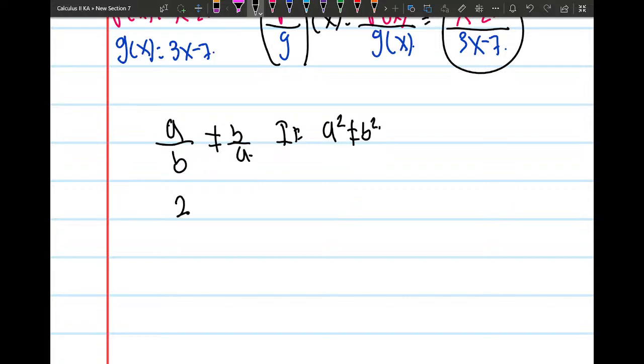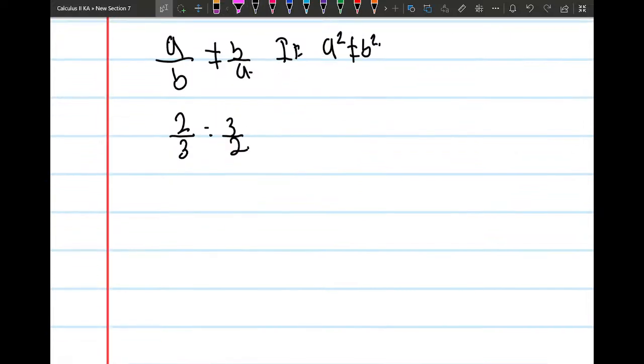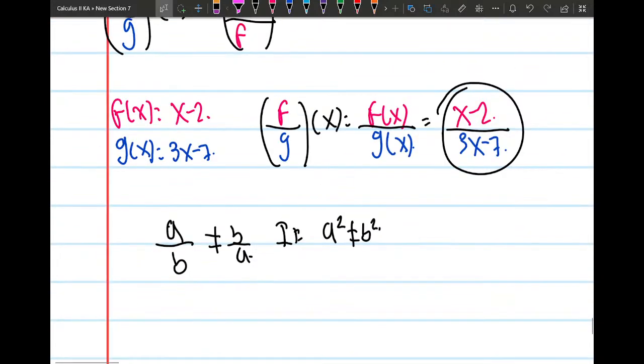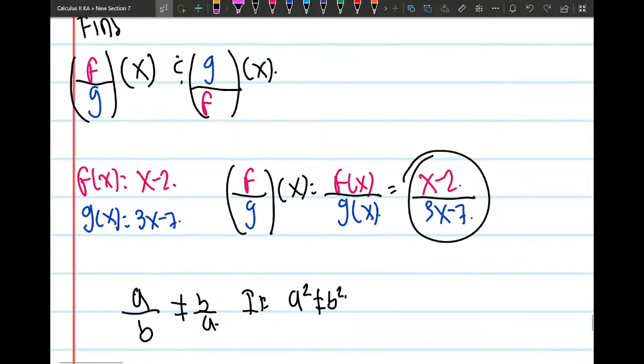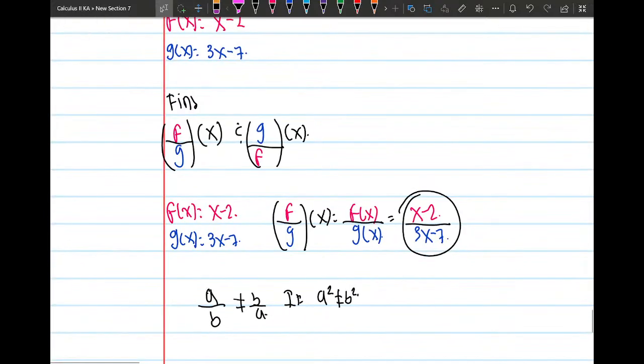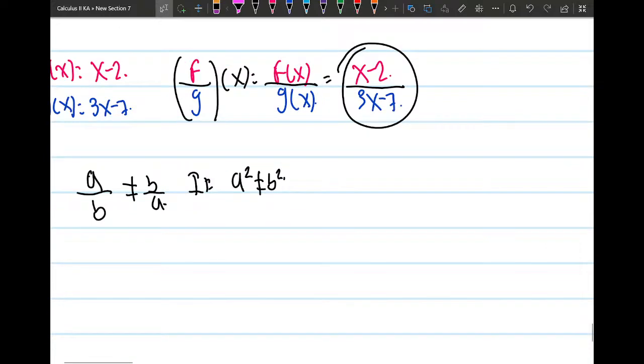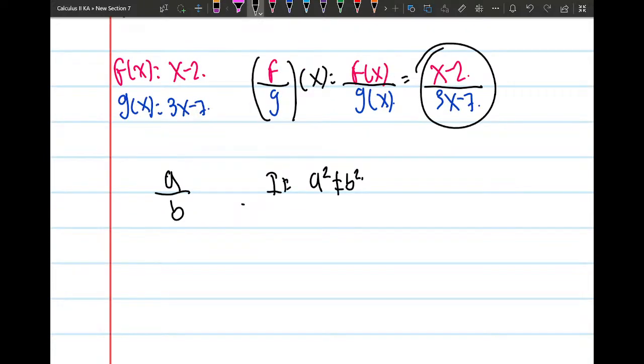Basically, if I say 2/3 is equal to 3/2, that's going to be wrong. 9 does not equal 4. That's the idea that I want to make very clear, guys. That's why there's the rule that f over g does not equal g over f.